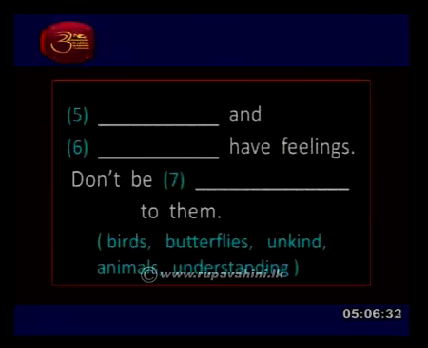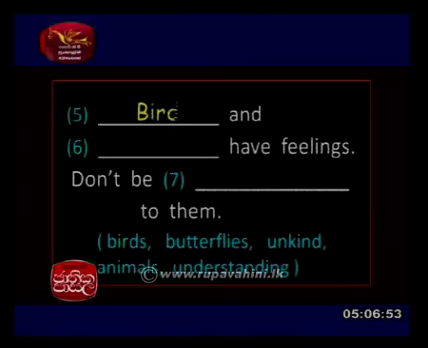Tell me the words that you would fill. Birds and animals have feelings. Don't be unkind to them. Right. Now I have a question. Why can't we use the word butterflies? Because birds and animals are groups, and butterflies come under the group of insects.